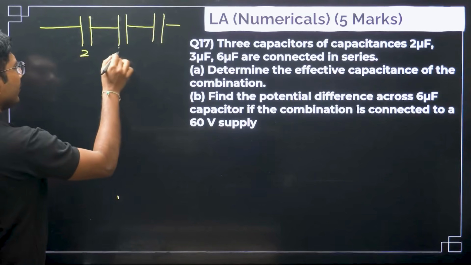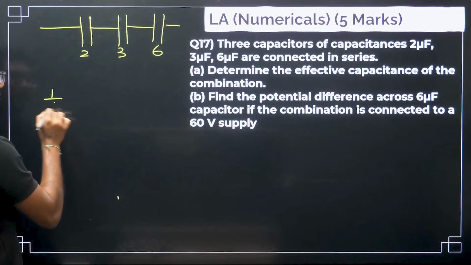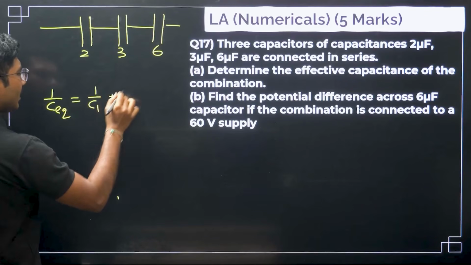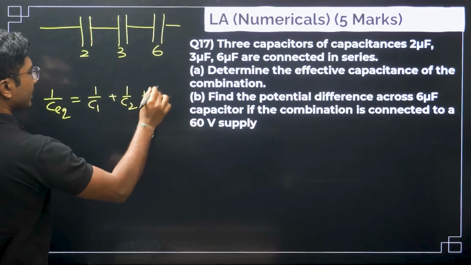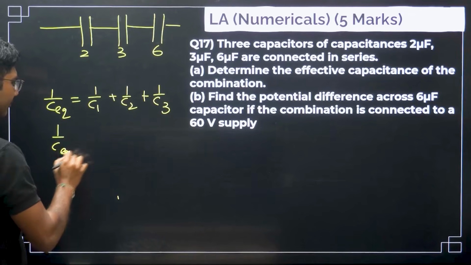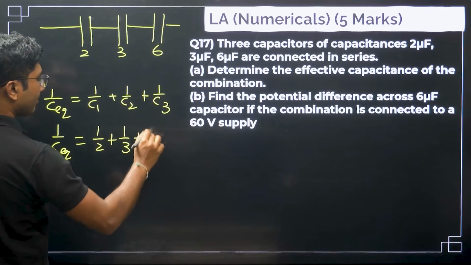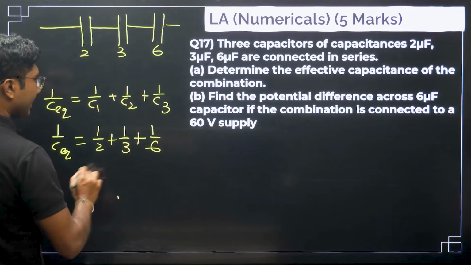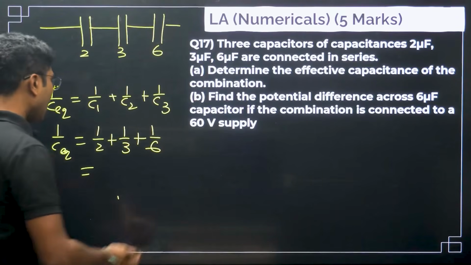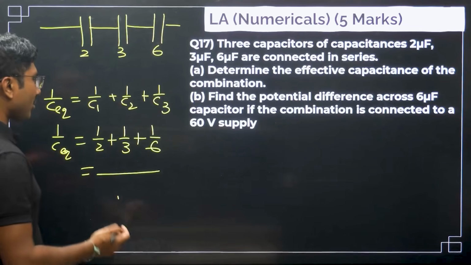So what is the equivalent capacitance formula? 1 by C equivalent equals to 1 by C1 plus 1 by C2 plus 1 by C3. Okay, so 1 by C equivalent equals to 1 by 2 plus 1 by 3 plus 1 by 6. Because everything has the same microfarad unit, so we are not adding anything else. At the end we just need to add the unit properly, that's it.